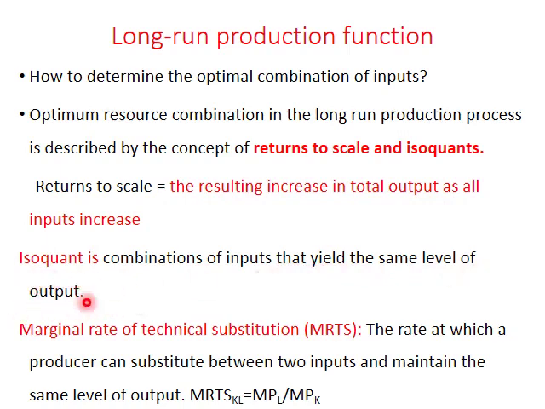The output remains the same, but the combination may vary. And the other concept, marginal rate of technical substitution, is defined as the rate at which the producer can substitute between two inputs. There are two inputs and the producer can substitute one input with the other. So this is what we call marginal rate of technical substitution.